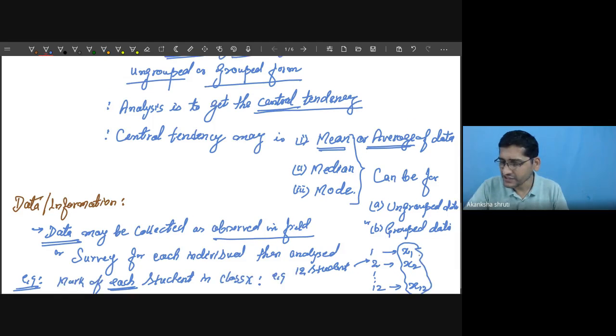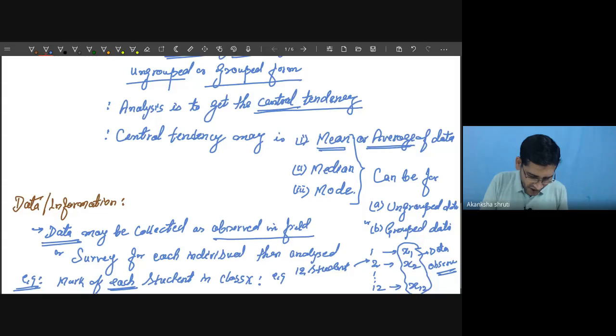So these are the data or observations. Just collecting in this form is called ungrouped data. Individual data is written or collected as it is, and later on it is analyzed for getting the mean or median or mode.